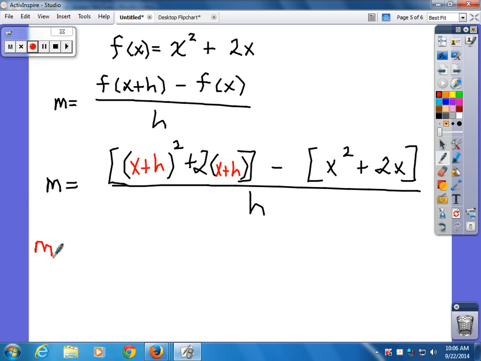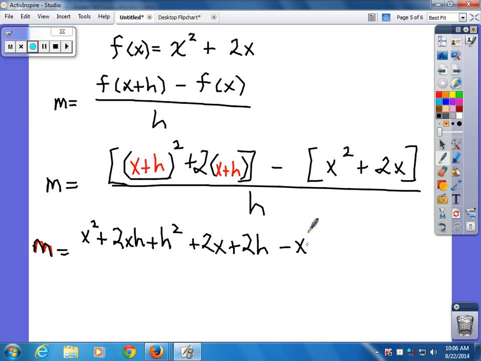M is equal to what? What is this? Shortcut number 1. If you got a square here, it's going to be shortcut number 1, so it's always x plus h. So x squared plus 2xh plus h squared plus 2h minus, what cancels?